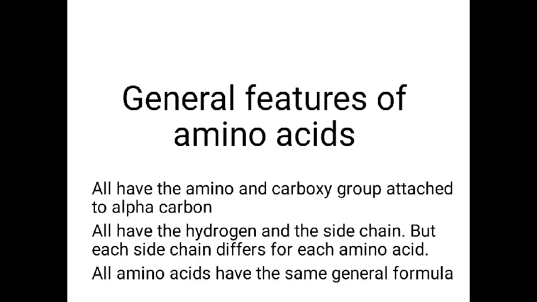All amino acids have hydrogen and also the side chain, which is the R group. And what you need to know is each amino acid has its own side chain. The side chain differs for each amino acid. All amino acids have the same general formula.